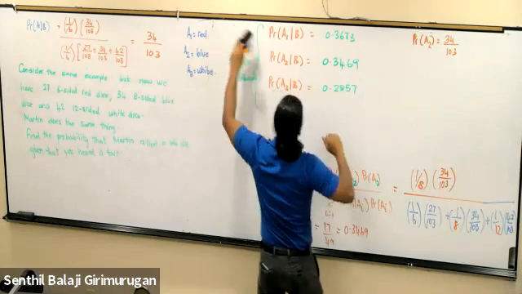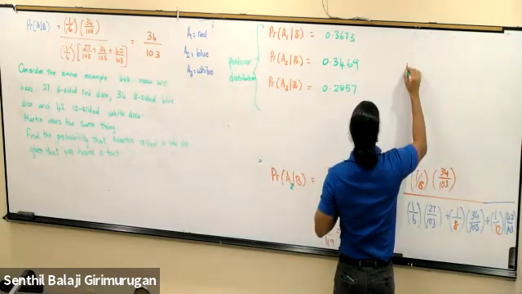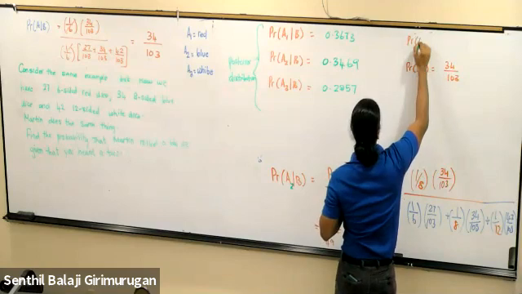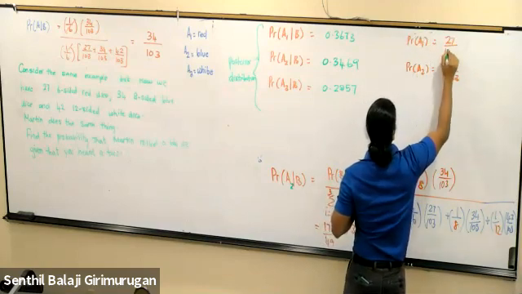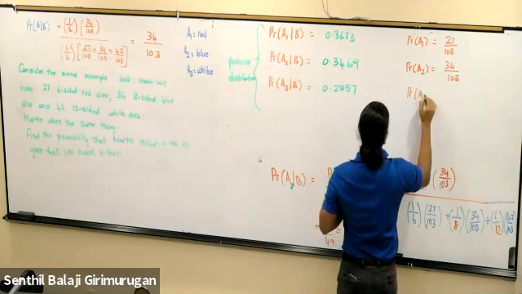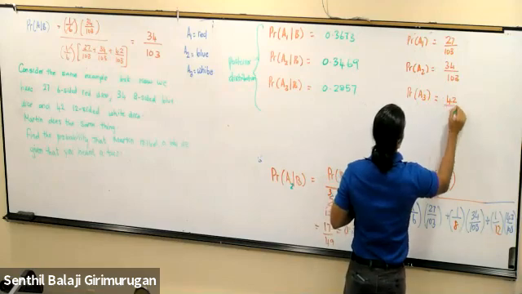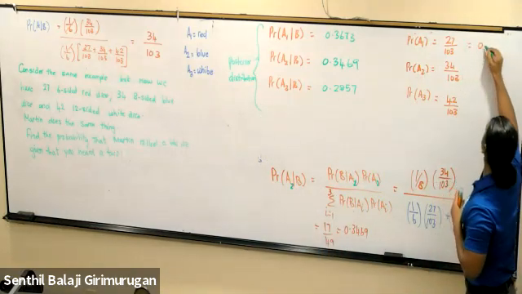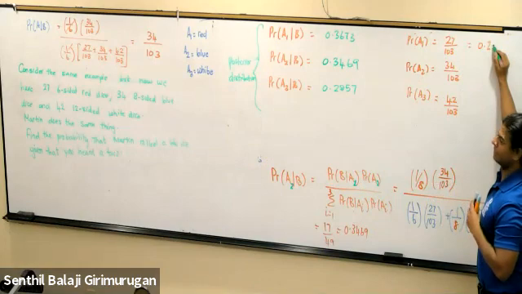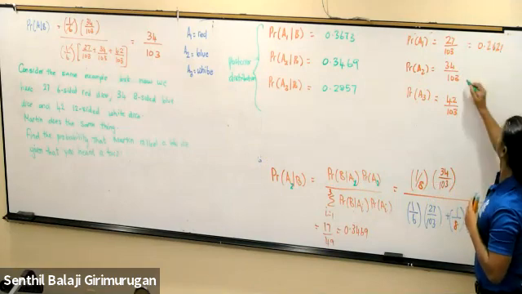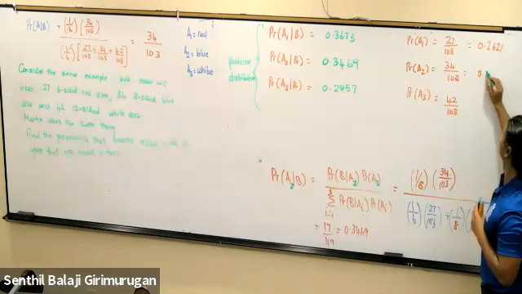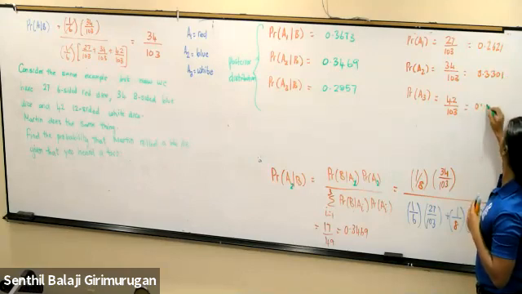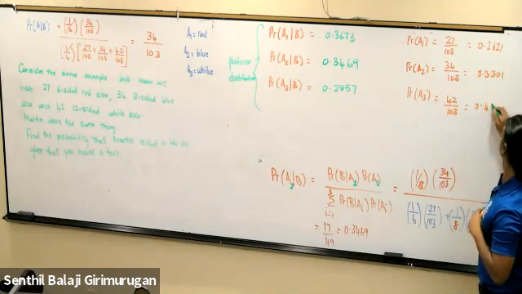If I simply wrote probability of A2, probability of A1, probability of A3, what are those decimal values? 0.2621. Okay, that's 0.3301. And 0.4078.